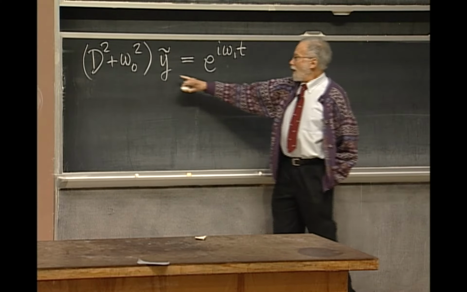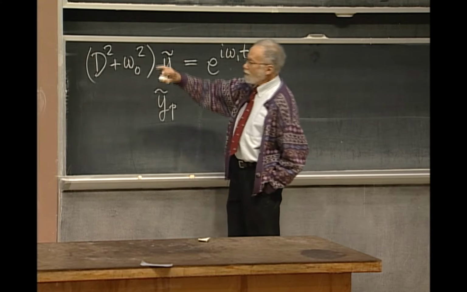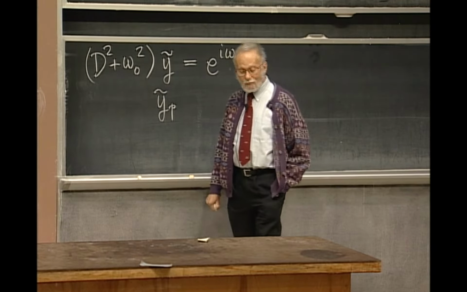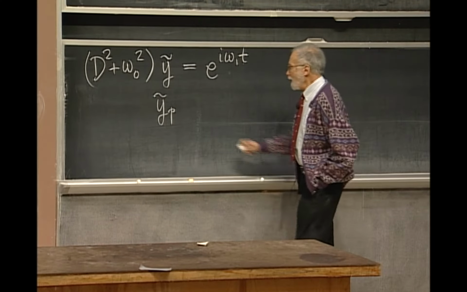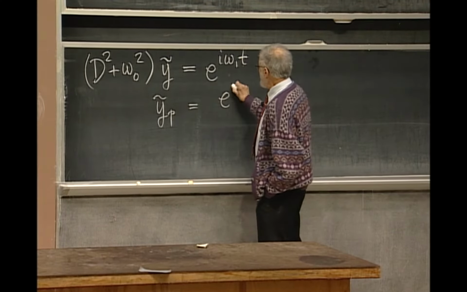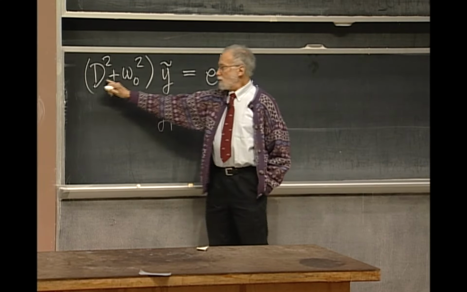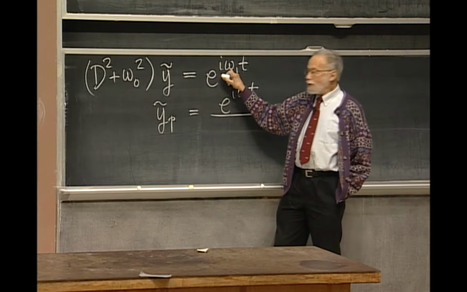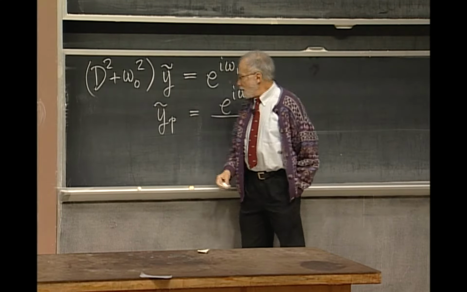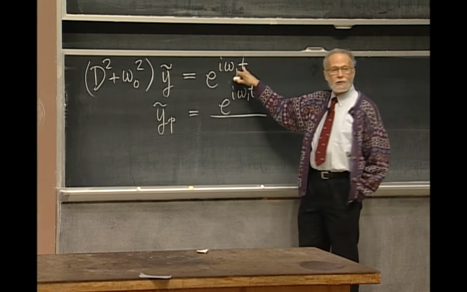Okay, so now without further ado, because of those beautiful formulas, the problem has been solved once and for all by using the substitution rule. I did that for you on Monday. The answer is simply e to the i omega 1 t divided by this polynomial with i omega 1 substituted in for D, the complex coefficient of t.